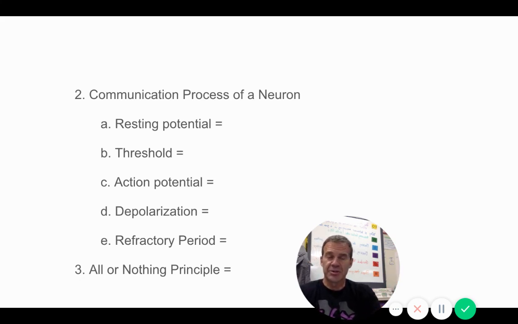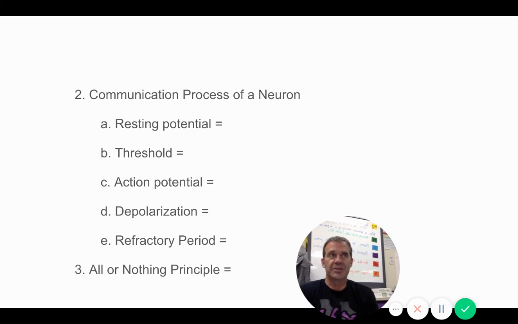As the toilet flushes, yell action potential, and then yell depolarization as you watch the new water fill, and then refractory period as you try to reflush the toilet. Okay, so yeah, I should be hearing this. If you ask to go to the bathroom in class, or I see you walk in the bathroom while I'm in the hall, I'm going to stand outside, and I expect to hear this coming from the bathroom. You should be yelling nice and loud.